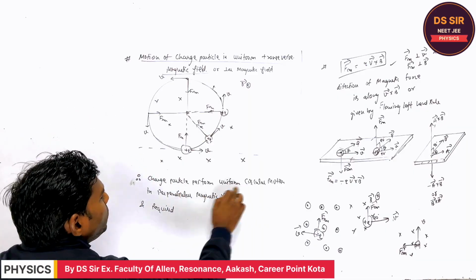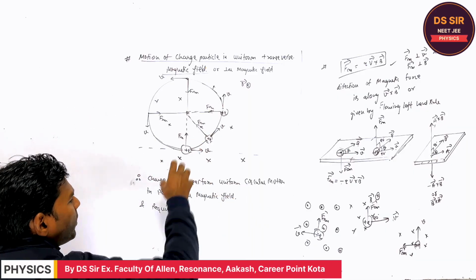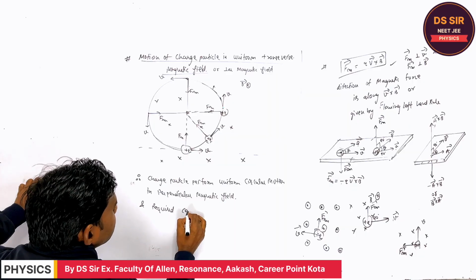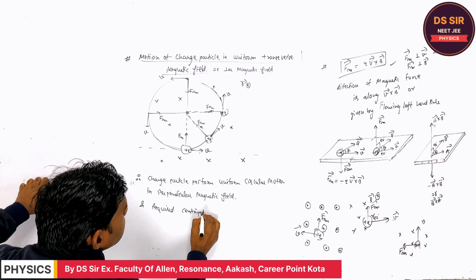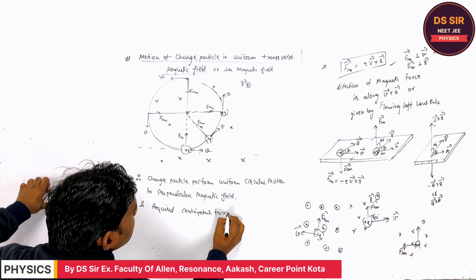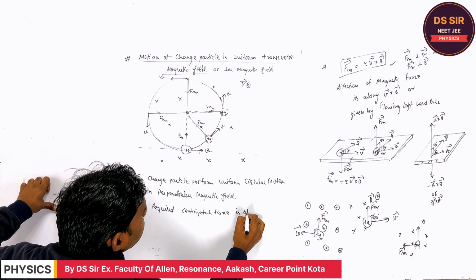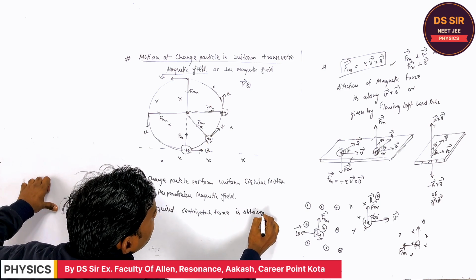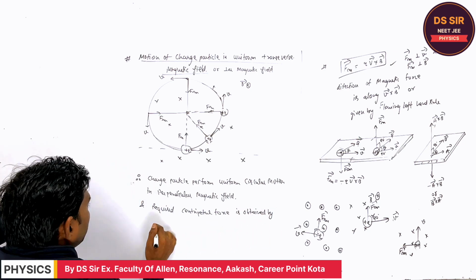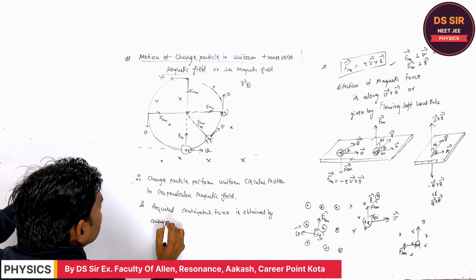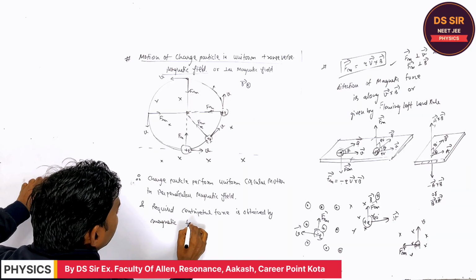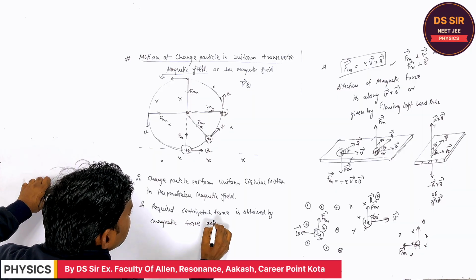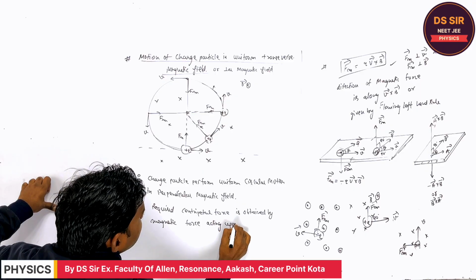A charged particle performs uniform circular motion in a perpendicular magnetic field, and the required centripetal force is obtained by the magnetic force acting upon it.